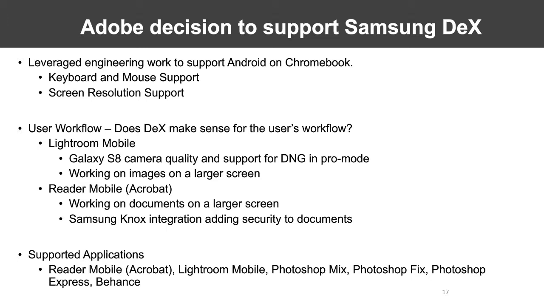Now, in Lightroom, looking at the history of how Samsung's improved their cameras, we knew that the S8 camera was going to be very good. We saw the S7 camera and the S7 Edge camera, and they were fantastic. We knew the S8 would be. So we figured that the users would be using the S8 and shooting in DNG or RAW format, basically.